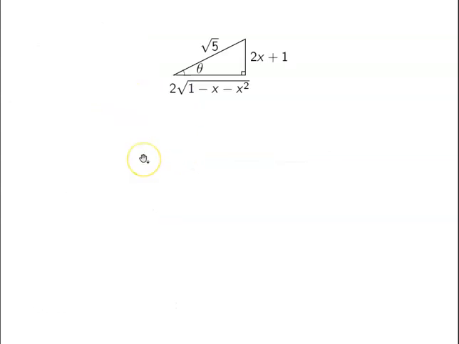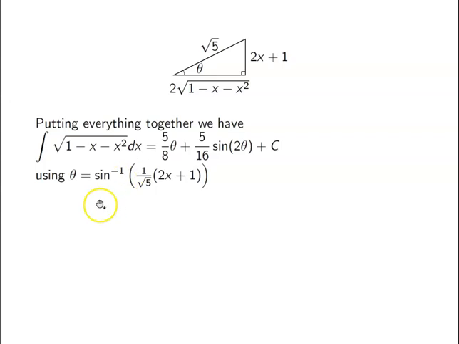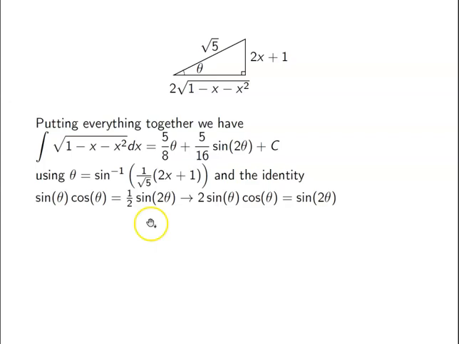Or you could write it separately like that. So using this as my reference angle, and the identity that sine theta cosine theta is the same as 1/2 sine 2 theta, right? I can use my half angle identities or my double angle identities.